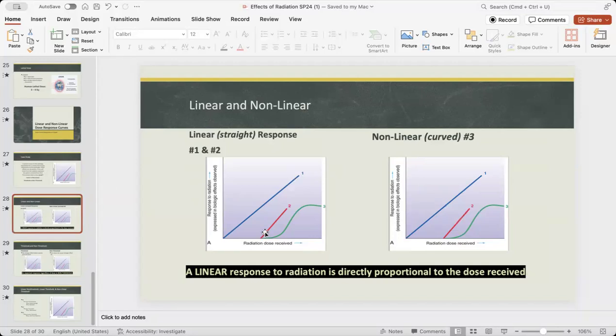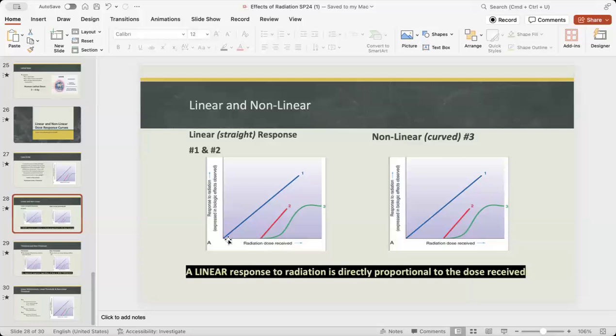So with a linear response to radiation, it is directly proportional to the dose you receive. So we see here with our blue line that our bottom line is radiation dose. So that's telling us where it starts, that with any exposure to radiation, there is a possibility that they can have some type of response.